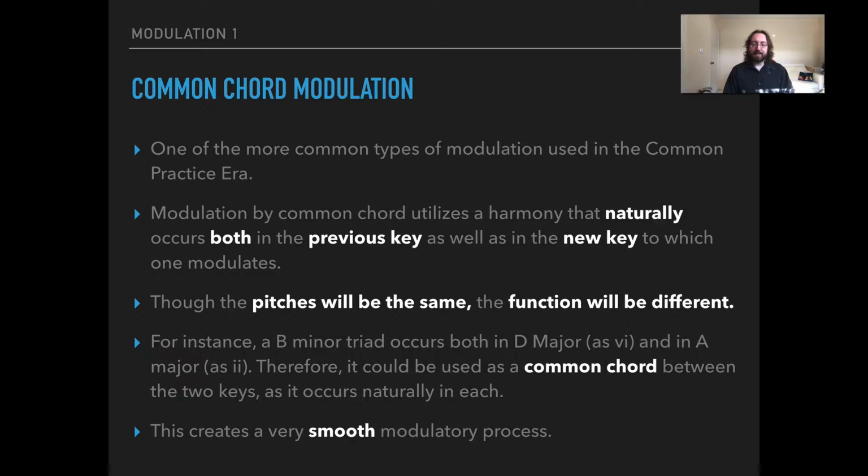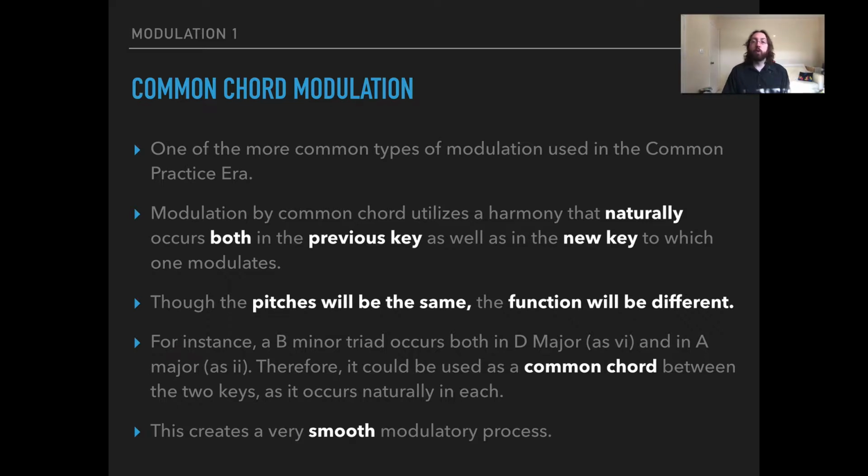For instance, let's imagine D major. In this case, we can imagine a B minor triad, B, D, F sharp. In this case, it occurs in D major as vi. If we were to modulate to A major, we would then reinterpret that B minor chord as ii, built on the second scale degree.